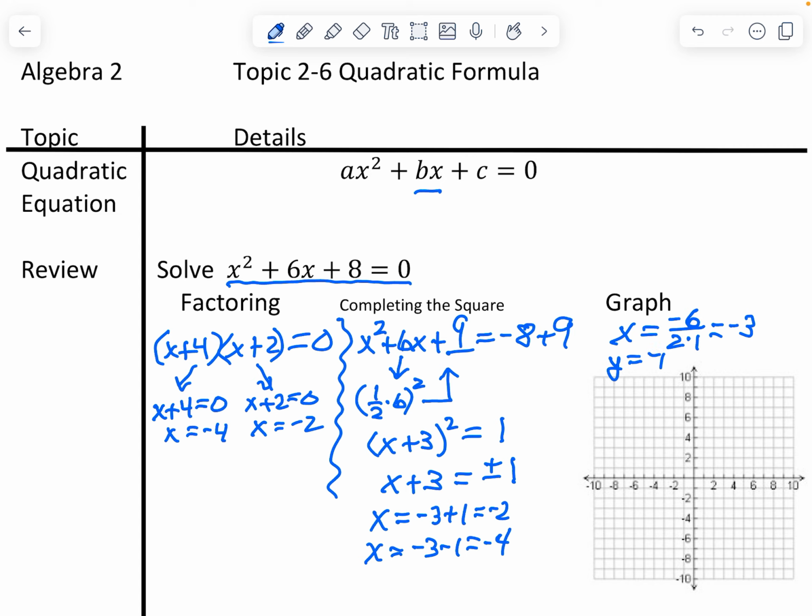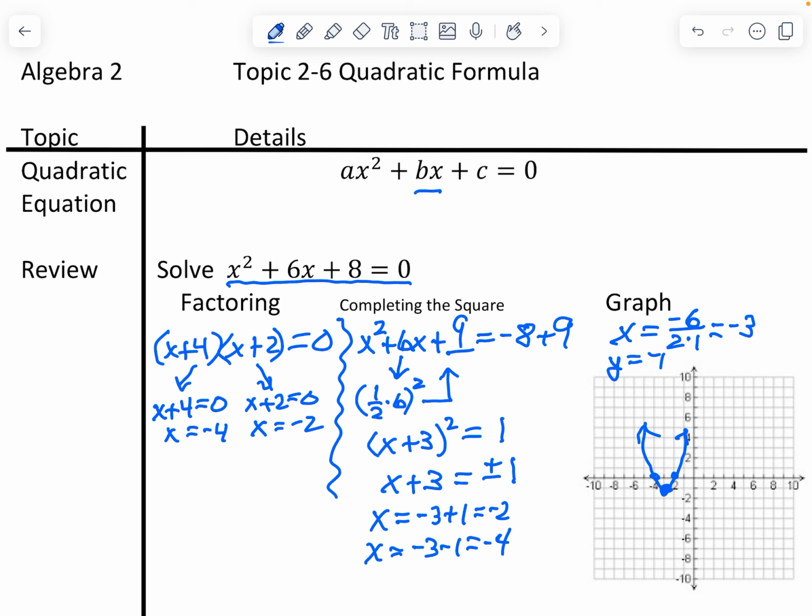So my vertex is negative 3, negative 1, which is graphed right there. And then if I plot the points, I could look it up on my table. My parabola would look like this as I graph it.